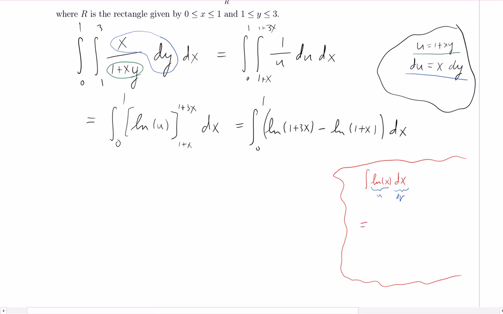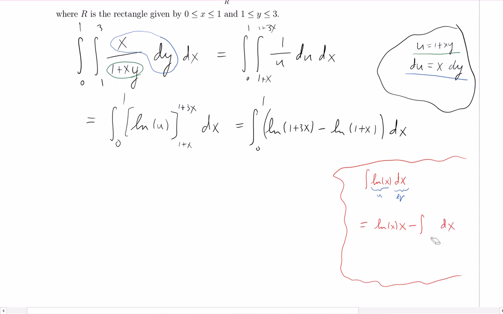So remember, it's uv, so log x times v, and v is just x, minus the integral of v du. So v is x, and du is 1 over x dx.